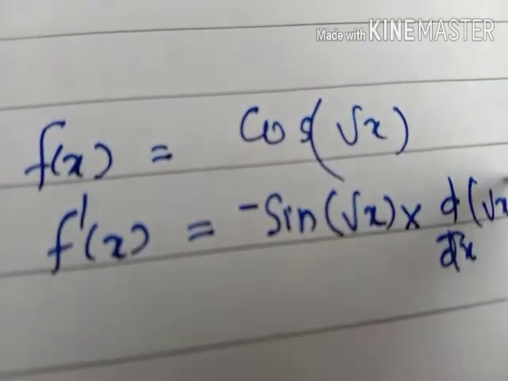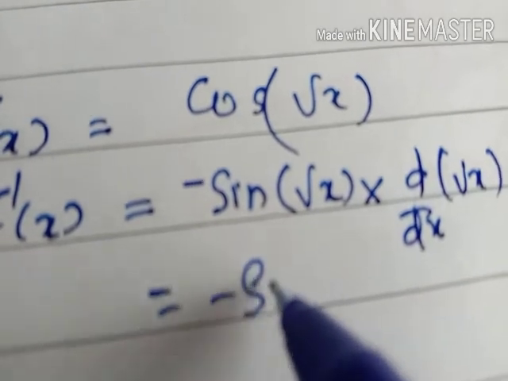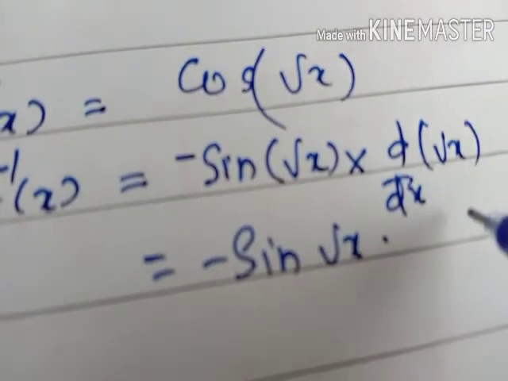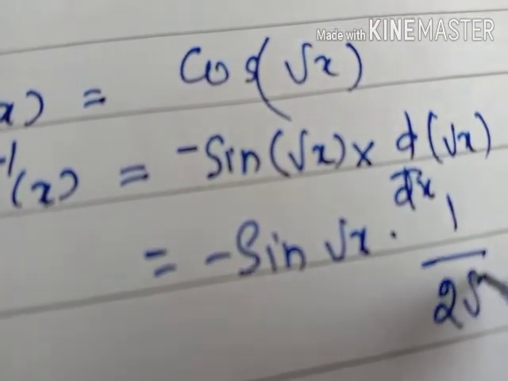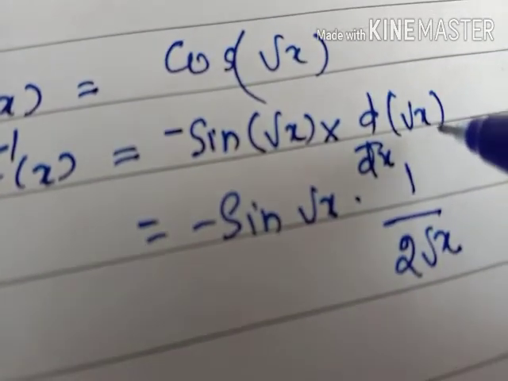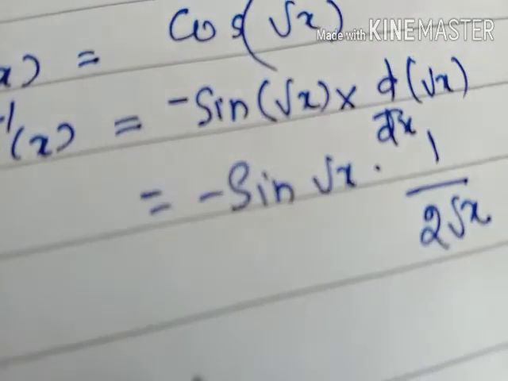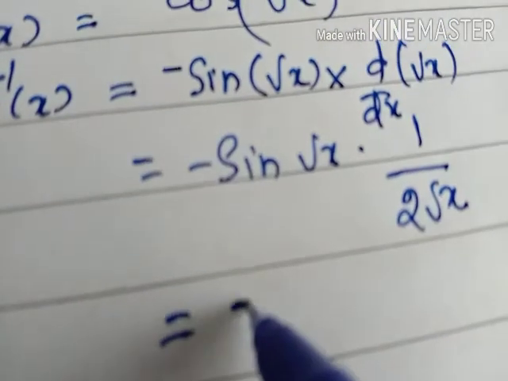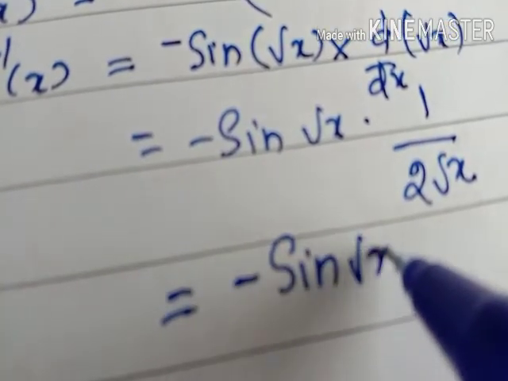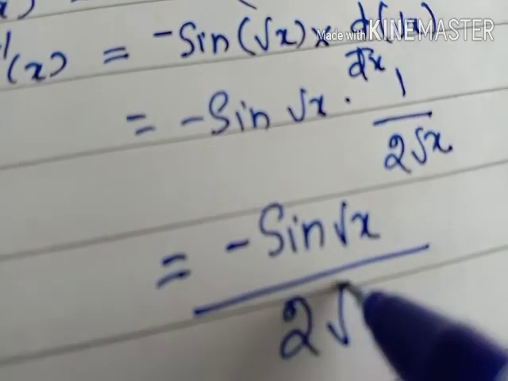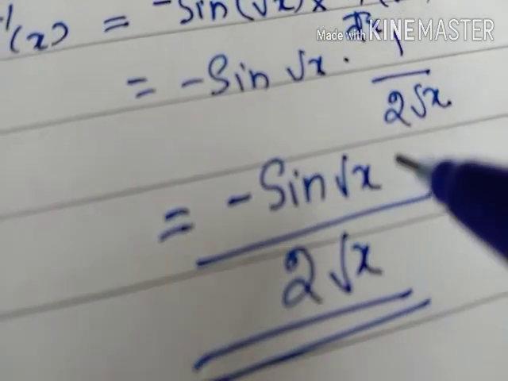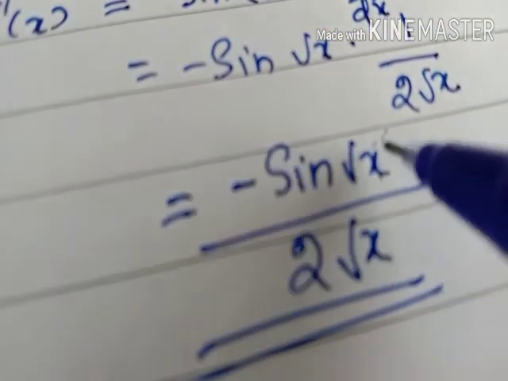What is the derivative of root x? The derivative of root x is 1 by 2 root x. Learn by heart all these results. So the answer is minus sine root x divided by 2 root x. It is not possible to cancel these two root x.